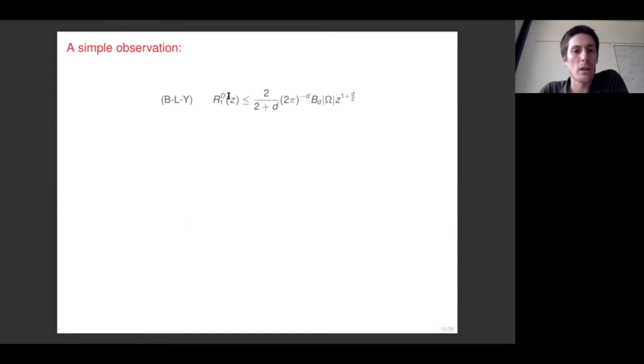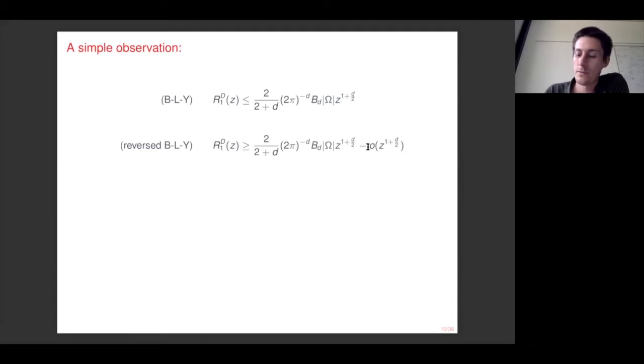And so, as we have seen, it is possible to prove an upper bound of this form for the first Riesz mean, which is the Berezin-Li-Yau bound. And we also saw that it's possible to reverse the Berezin-Li-Yau bound, providing a lower bound with a first term which is sharp, and with some lower order correction term.